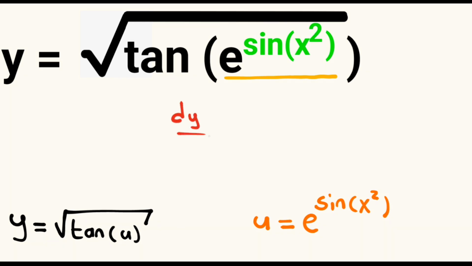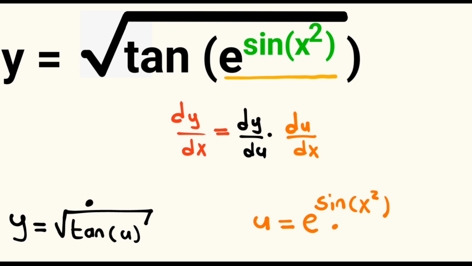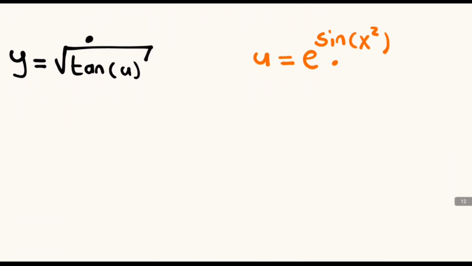We determine dy over dx, which will be equal to the derivative of y with respect to u multiplied by the derivative of the function u with respect to x. We start by determining dy over du by differentiating the function y, but before we can differentiate y, we express the square root of tan u as tan u raised to the power half.